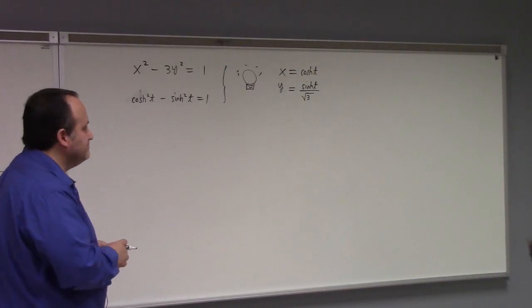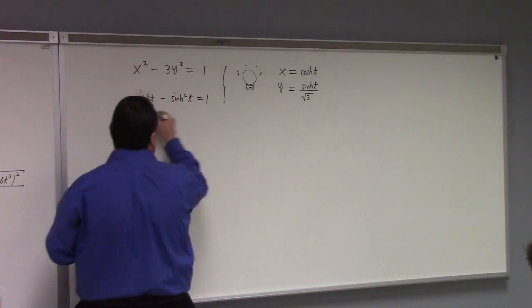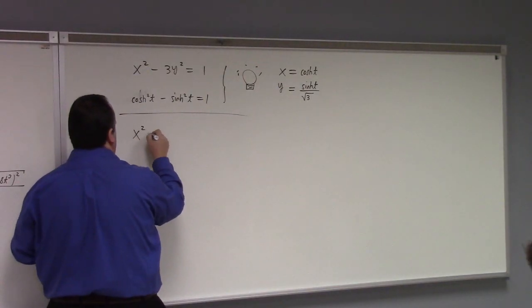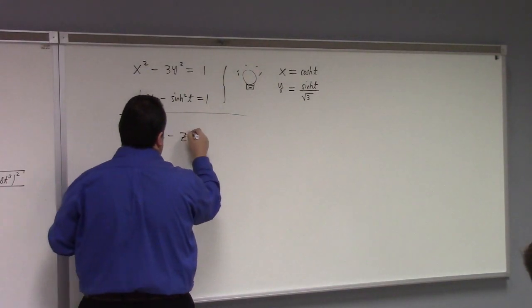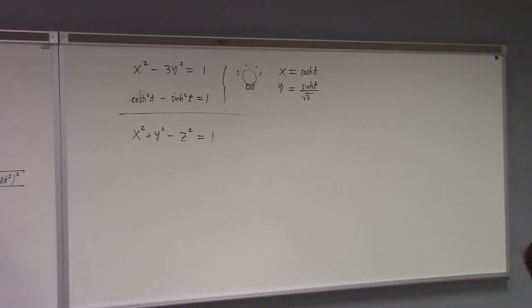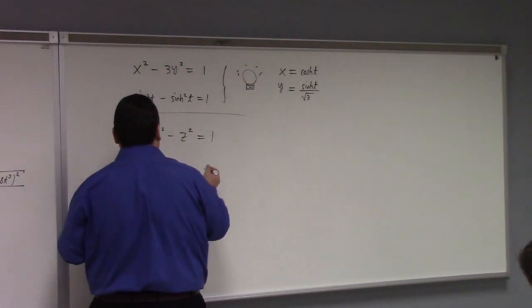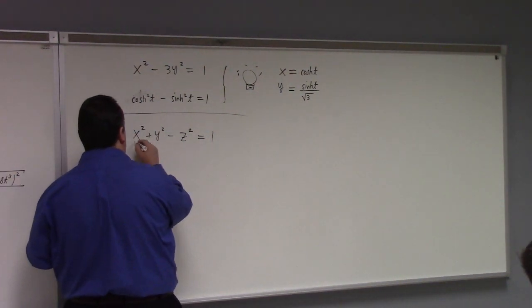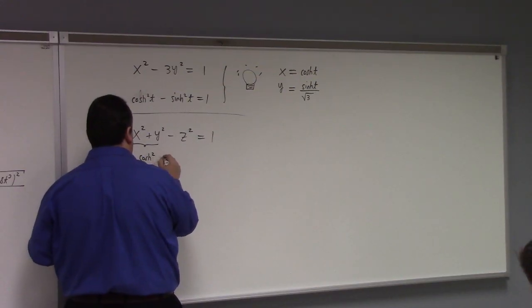So, for a surface, if I'm up against something like x squared plus y squared minus z squared equals 1, I'm trying to parameterize this. First of all, the coordinate stuff I talked to you about, like cylindrical, spherical coordinates, not super helpful here, really. Maybe cylindrical is kind of helpful, but what I do here is I see this as, oh, I want this to be my cosh squared, basically.